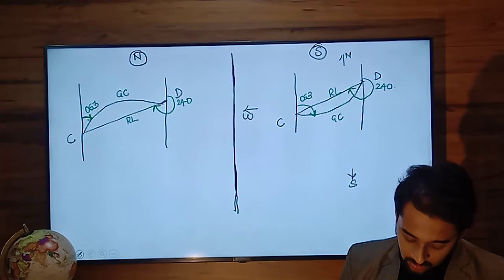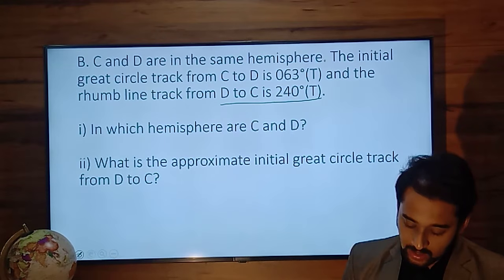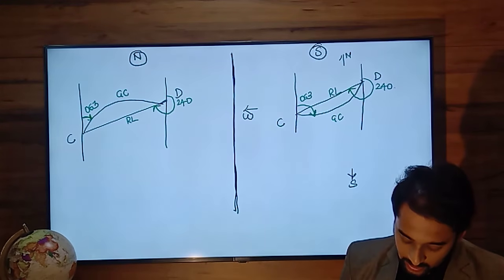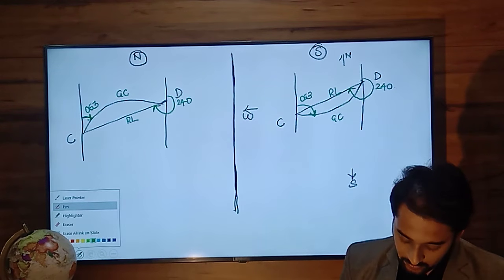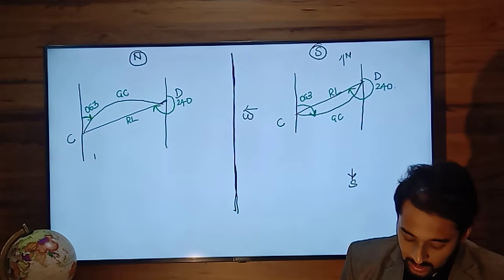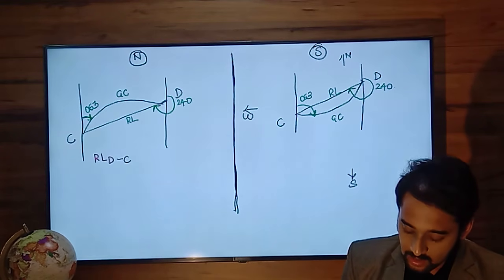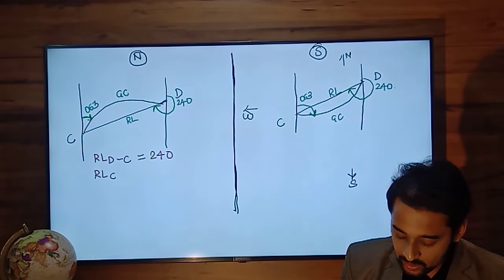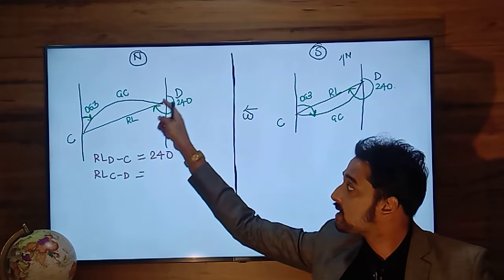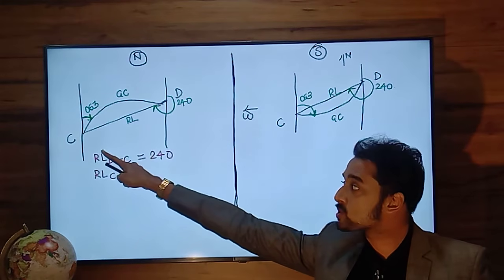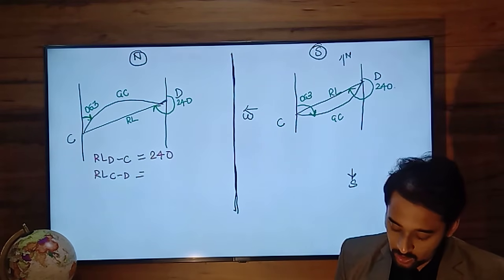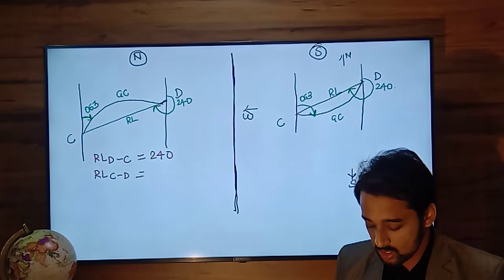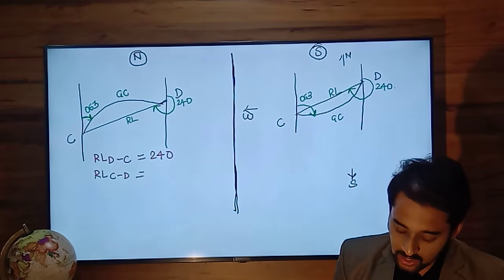So now this is your rhumb line. Now over here in both cases, rhumb line at D to C is 240. So rhumb line from Charlie to Delta, if we want to go in reverse, D to C was 240, so C to D will be the reciprocal of 240, which is 240 minus 180, which is 060.